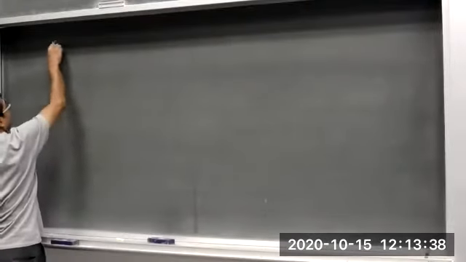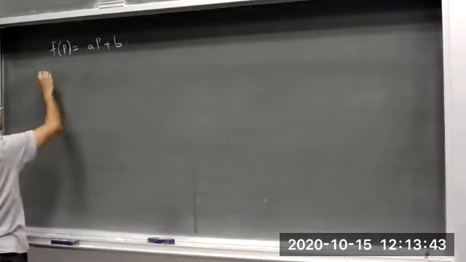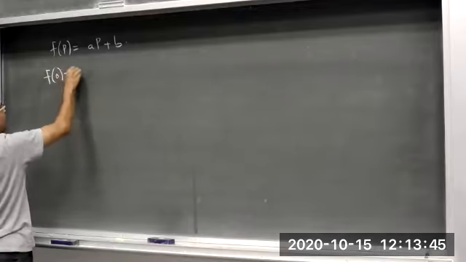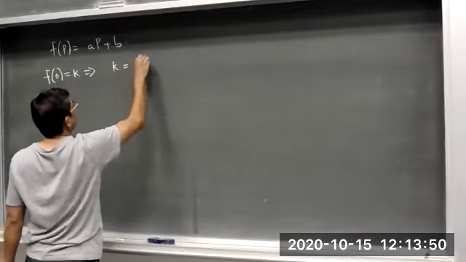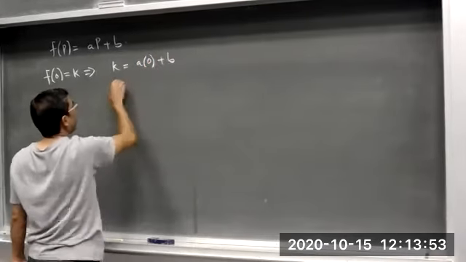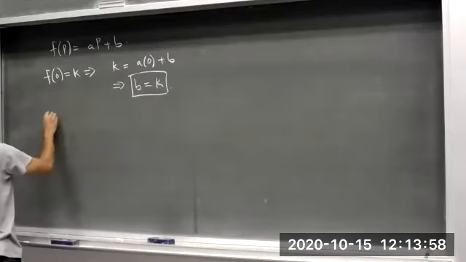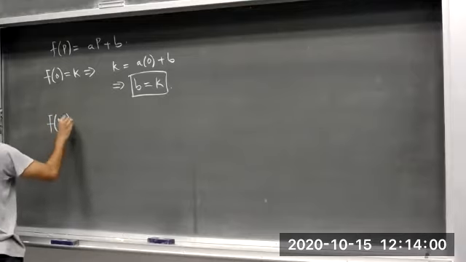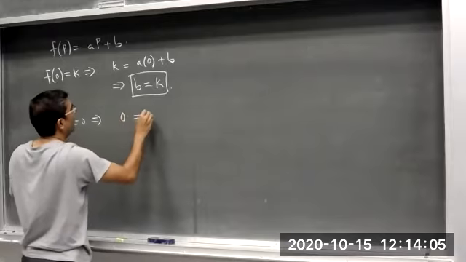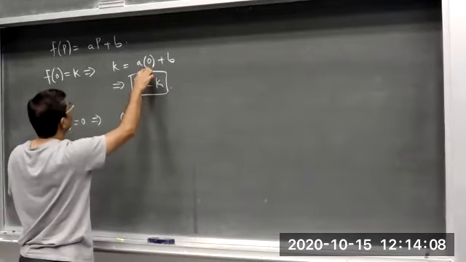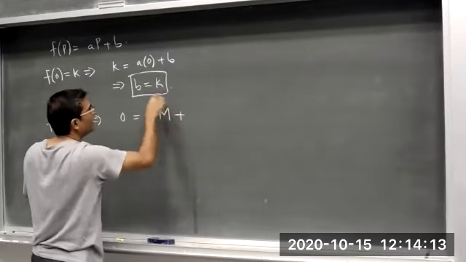The function f of p is what? It is a p plus b. Then using f of 0 is equal to k, it gives us k is equal to a times 0 plus b. It means b is equal to k. Now, the other condition, we use f of m is equal to 0. So it gives us 0, and here we have a times m plus, what is the value of b?